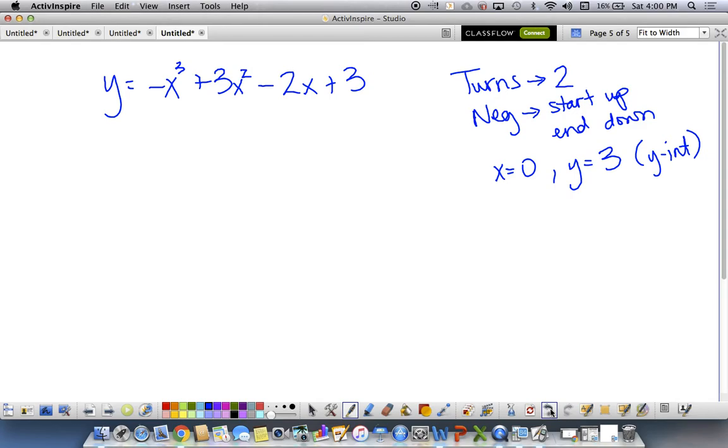Then if we add something to find our inflection point, like that last equation, so x bar equals negative b over 3a. I'm going to go ahead and just write that again. X bar equals negative b, which is 3, over 3 times a.